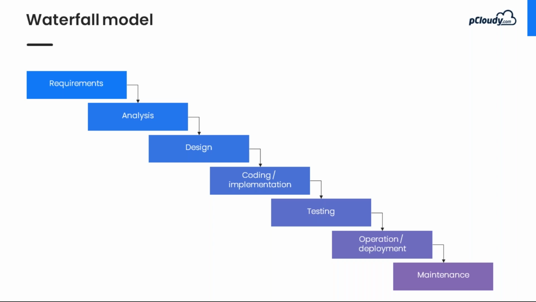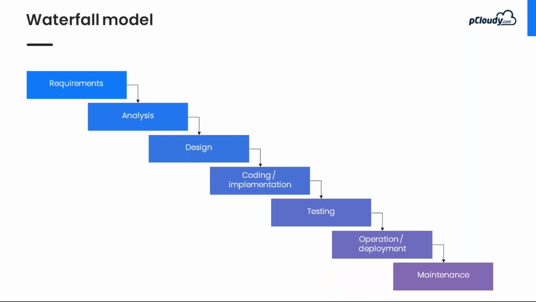Let's understand the waterfall model, right? This is the methodology which we were using in the past. This is typically a sequential model which divides software development into predefined phases, as we are seeing here, like requirements, analysis, design, coding, testing, and so on. Now, each phase must be completed before the next phase begins, with no overlap between the phases.